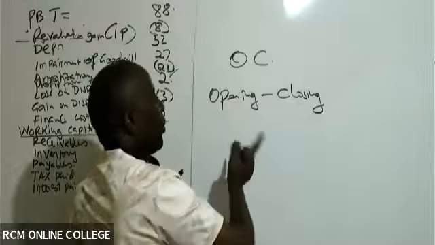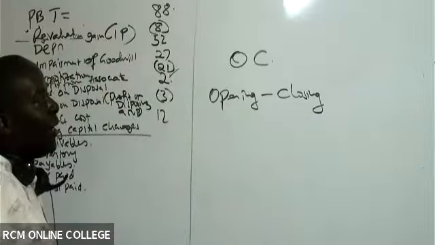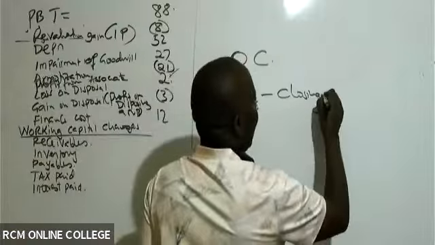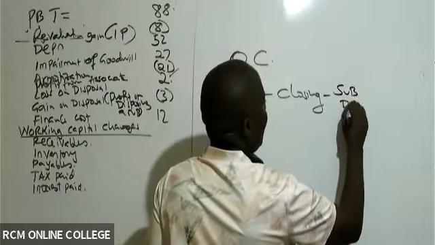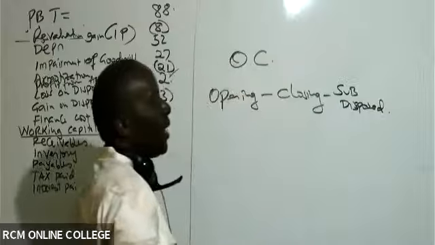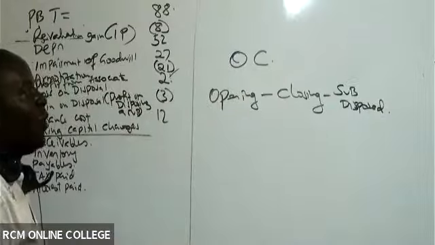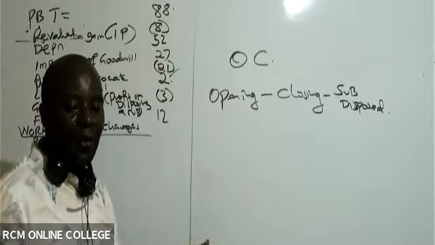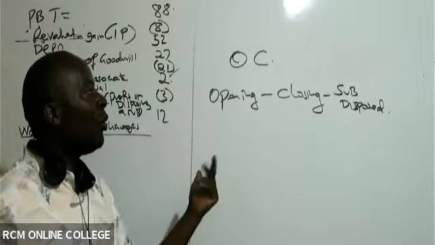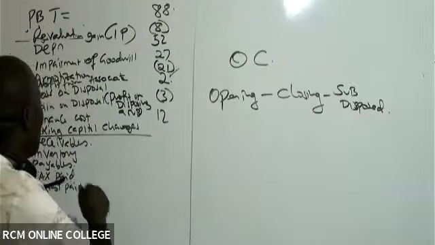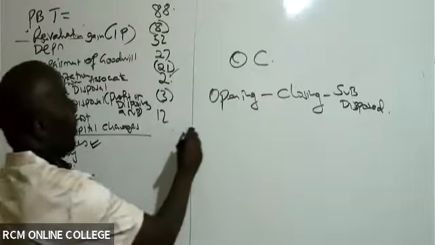Anytime you have working capital changes, it is opening minus closing, minus subsidiary disposed. If we acquired a new subsidiary, we would have said plus subsidiary acquired. But this is a subsidiary that was disposed, so it must be leaving with some things. So we start with the first one, which is receivables.